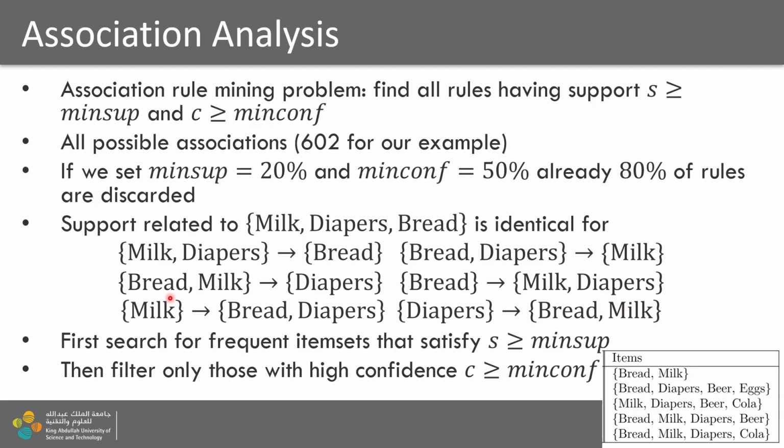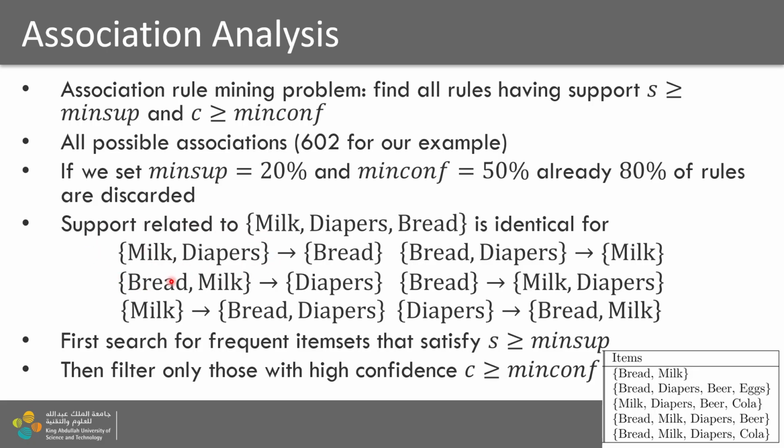However, they do vary in confidence, because the confidence is the frequency of, let's say, milk and diapers together, divided by the frequency of the set which is before the implication. So we divide it by the occurrence of milk and diapers for this rule, for example.